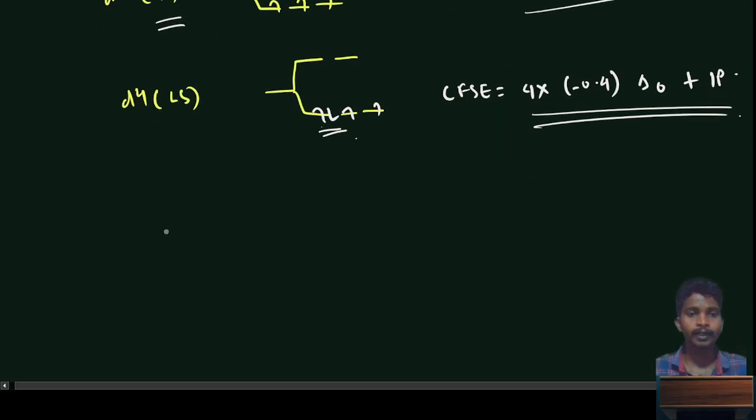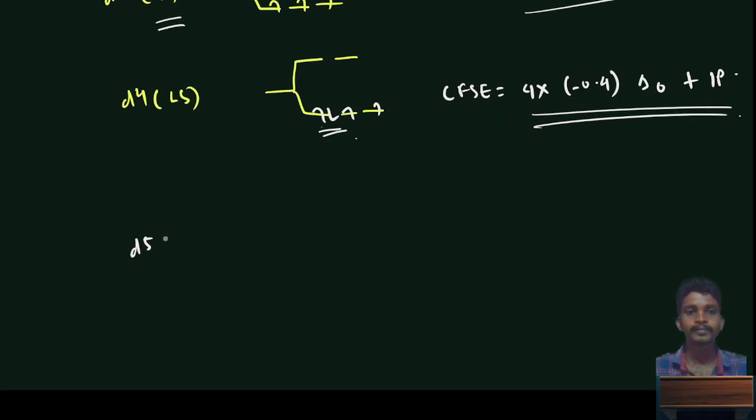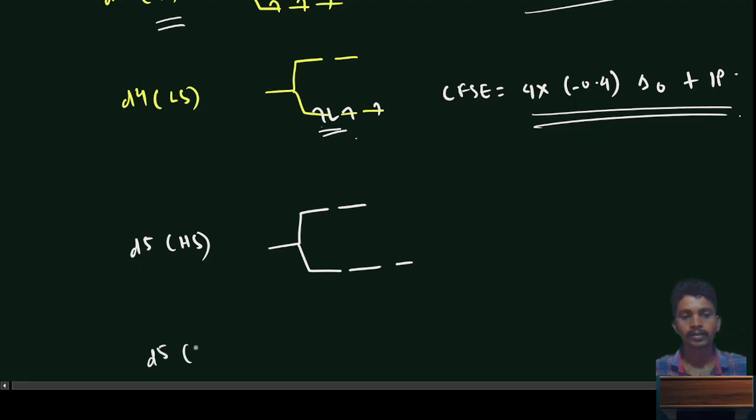Okay, let's say we have d5. First high spin, then we see d5 low spin. For d5 high spin, 1, 2, 3, 4, and 5. And if it is low spin, then 1, 2, 3, 4, and this is 5.